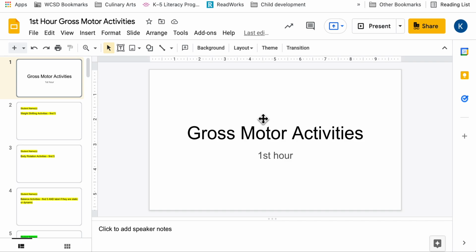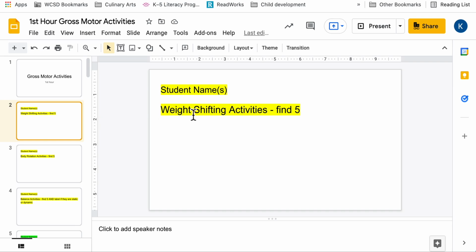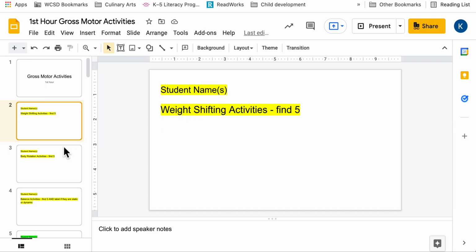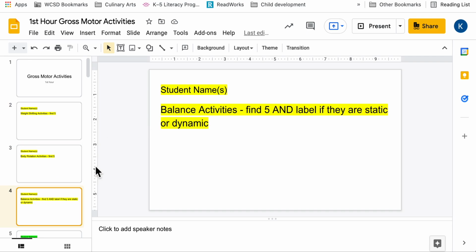So our job is to find activities that are going to help kids with their body rotation, their balance, and their weight shifting. So if you notice these slides, they're color coded, and it's yellow, yellow, yellow. Ooh, look at weight shifting, body rotation, balance activities.